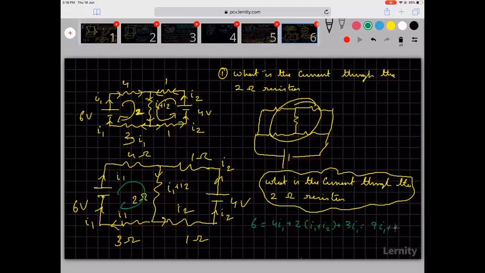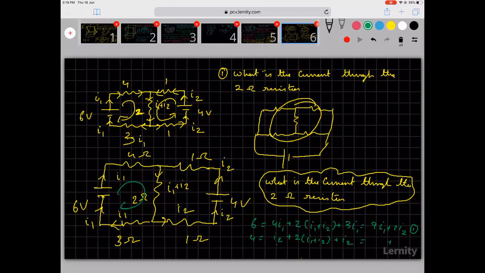This is equation 1. The second equation: 4 is equal to I2 plus 2(I1 plus I2) plus I2 again. That means this is equal to 4I2 plus 2I1.